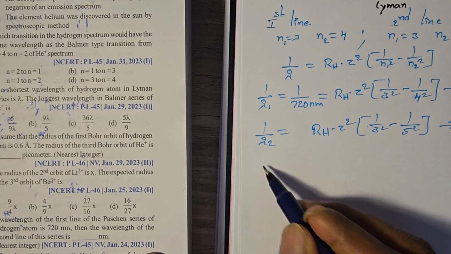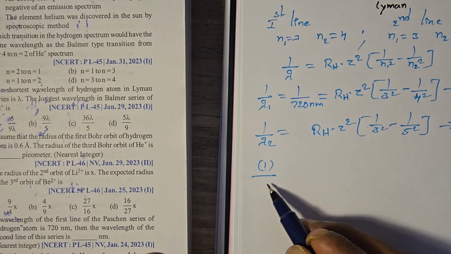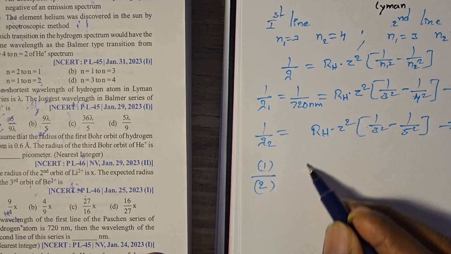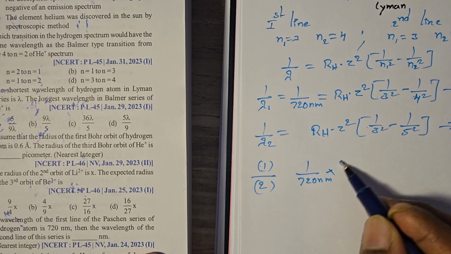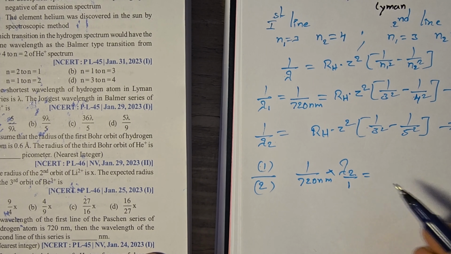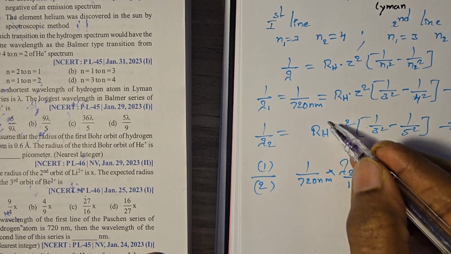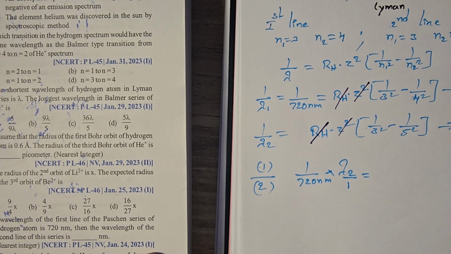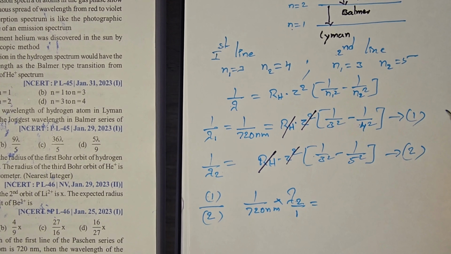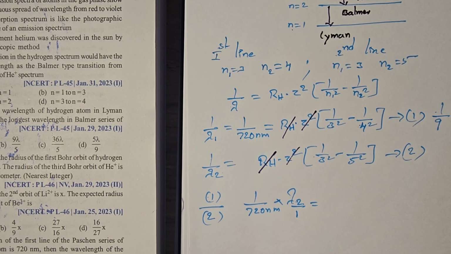So now divide equation 1 by equation 2. Simply, 1 by 720 nanometers into lambda 2 by 1 is equal to... what is cancelled here? RH cancelled, Z square cancelled. What is remaining? 1 by 3 square means 1 by 9 minus 1 by 16.